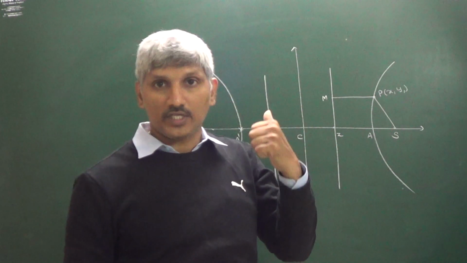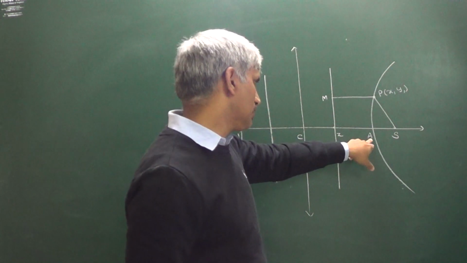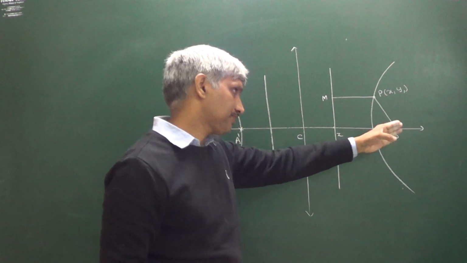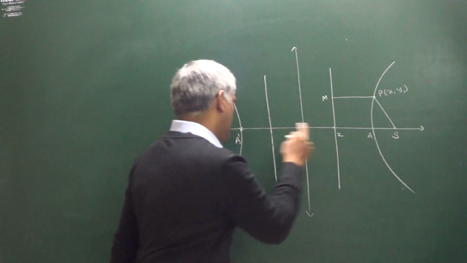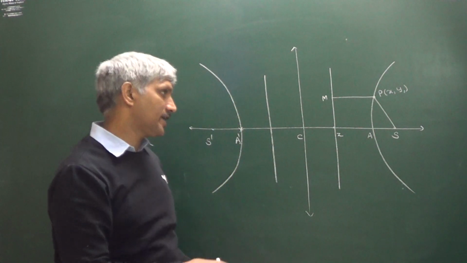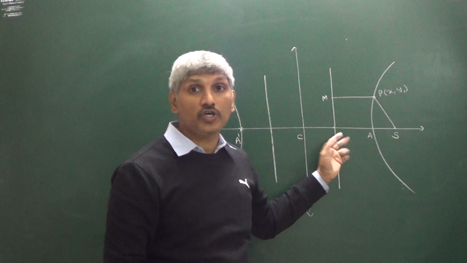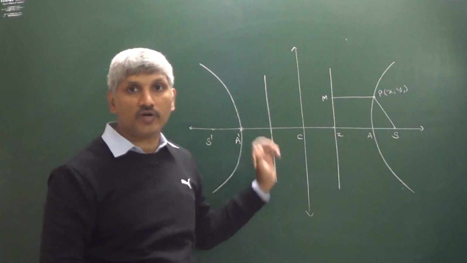Earlier the e value was less than 1. Now the value of e is more than 1. So A and A dash are two points which divide SZ in the ratio e is to 1, one internally, the other one externally.